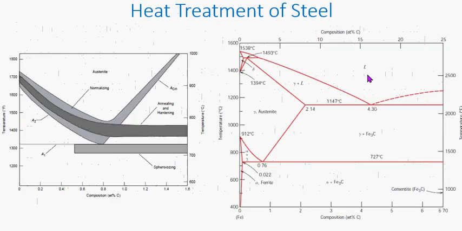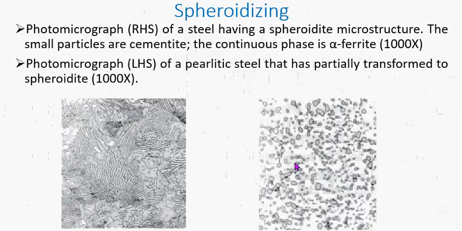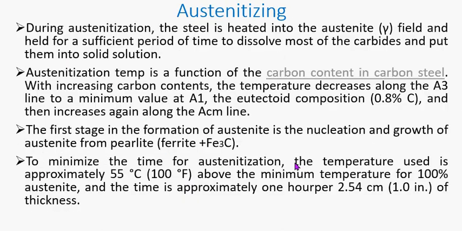Here you see that as the carbon content is increased, the austenitization temperature decreases along this line, because it has to pass this line before it becomes austenite, and it reaches a minimum at 0.76, and then it begins to increase. So this is what that line means.